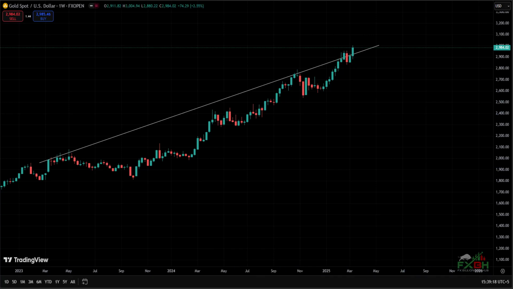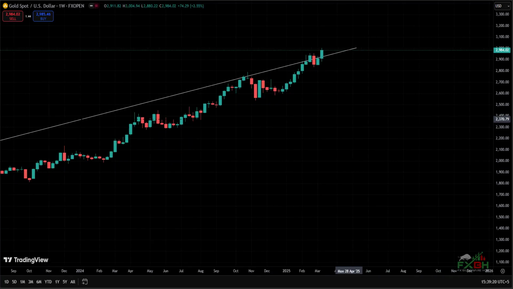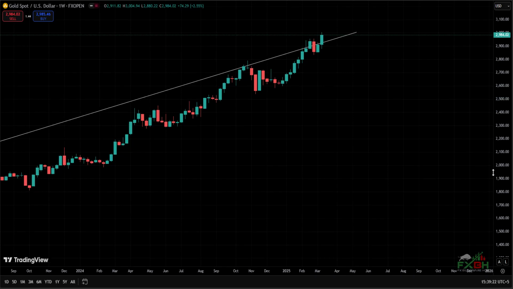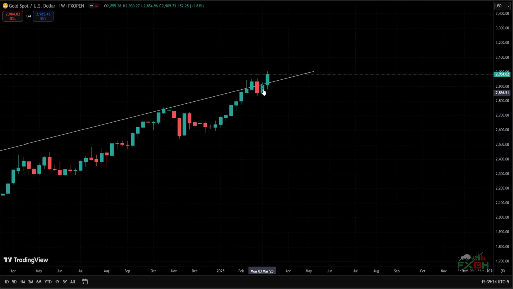Okay, if we want to take a closer look at the past 2 weeks, as you can see there are two bullish candles. That means the previous 2 weeks were bullish, and especially about our last week analysis, I told you that the market will touch 3000 again, and it just happened, and the all-time high broke again.